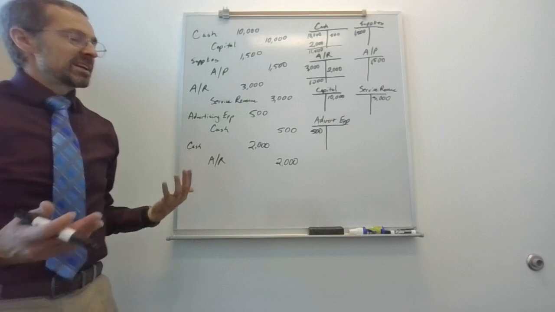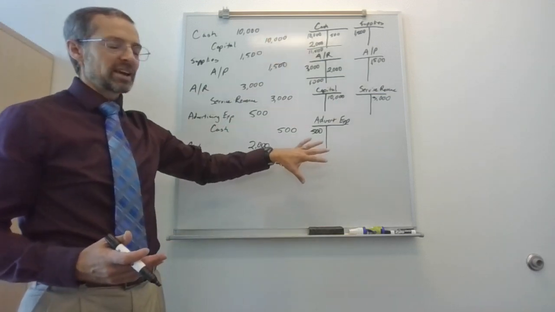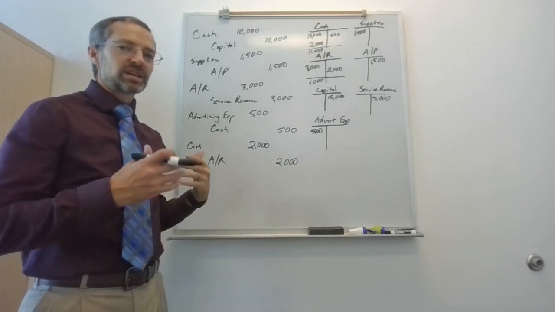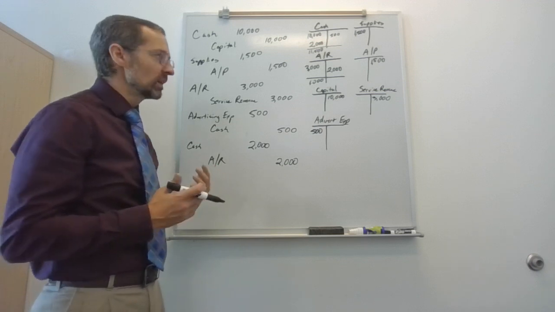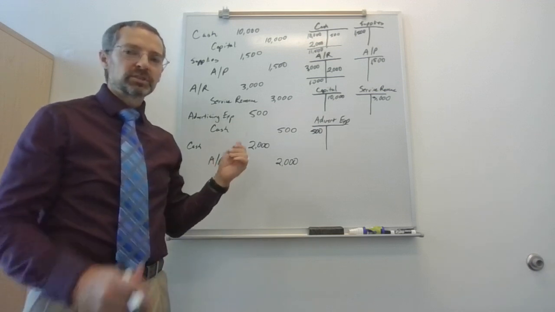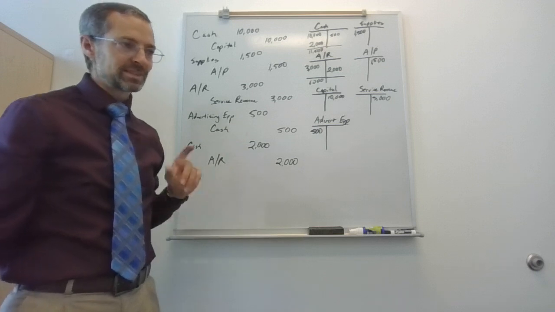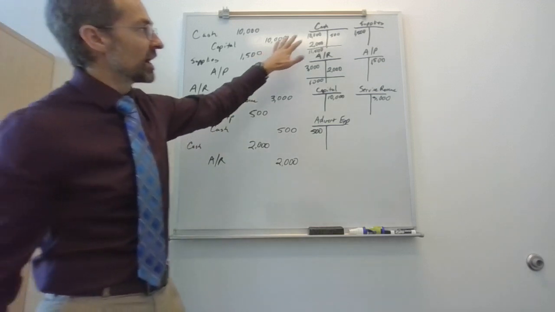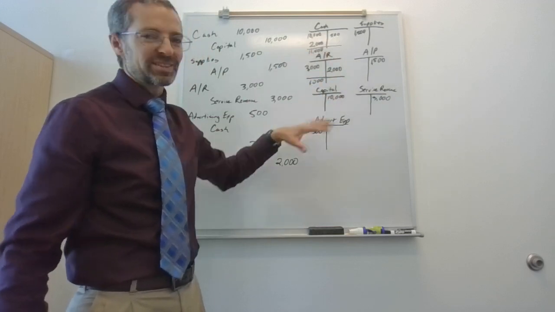So the first thing that I need to do now, after adding up all of the accounts, is I list out all of my accounts that I have, and I put them in the order of assets, liabilities, owner's equity, revenues, expenses. So I actually put them in order up here as well with my ledgers.